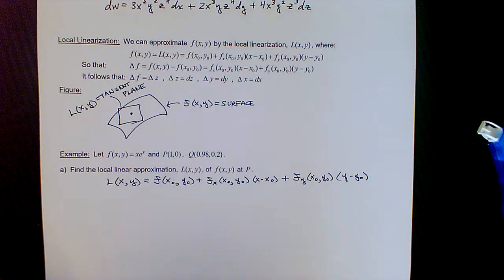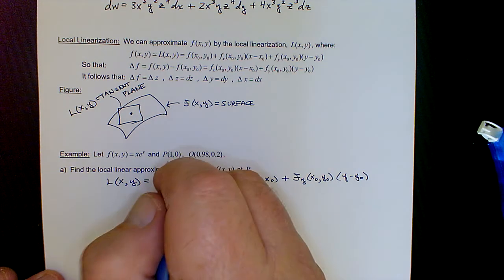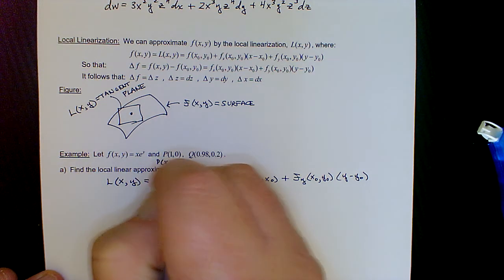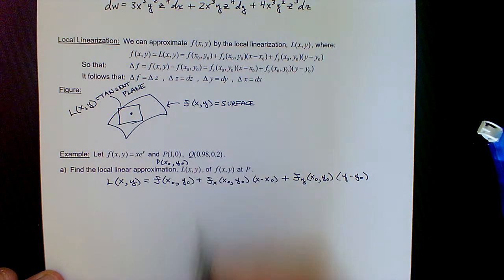So first thing we could do, and this is the point P, is the x sub 0, y sub 0.